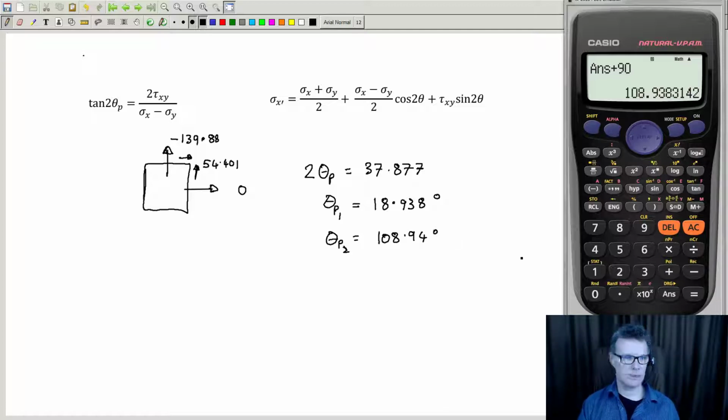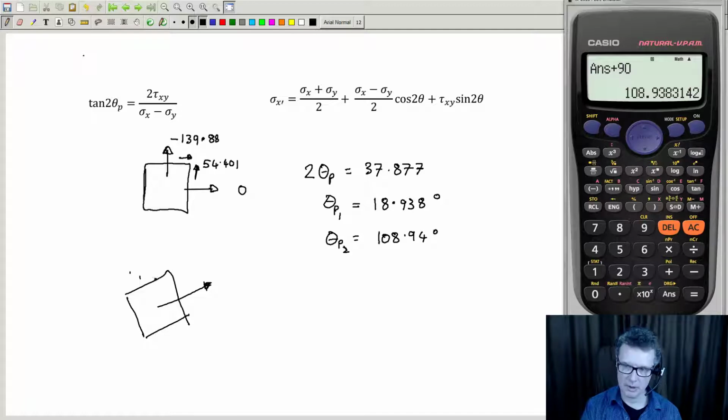Okay, so that's the two planes, and we now have to work out for this stress element which is which. We've got a stress element pointing off in this direction, and another one pointing off in this direction.